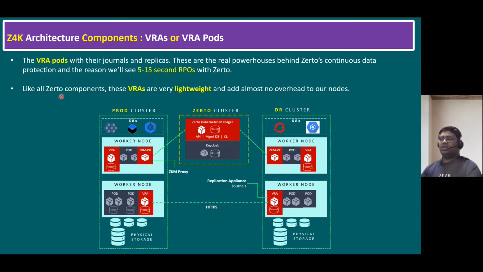And like all Zerto components, these VRAs are lightweight. All the VRAs we have here in the diagram, we have 4 VRAs, are very lightweight and add almost no overhead to our production nodes. Okay, so hope you understand the architectural diagram and also the architectural components.